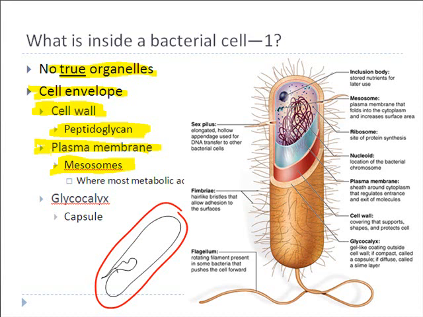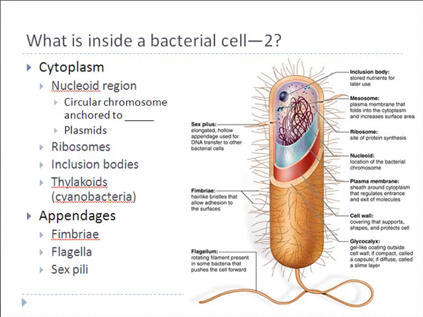Another common feature you'll see on bacterial cells, just like you saw in animal cells that we discussed last week, is this presence of a glycocalyx, or a sugar coating, on the outside of the cell. Some bacterial species have a modified glycocalyx that can have a very slimy or thick covering to it, and we call that a capsule. So that's kind of the outside of the cell.